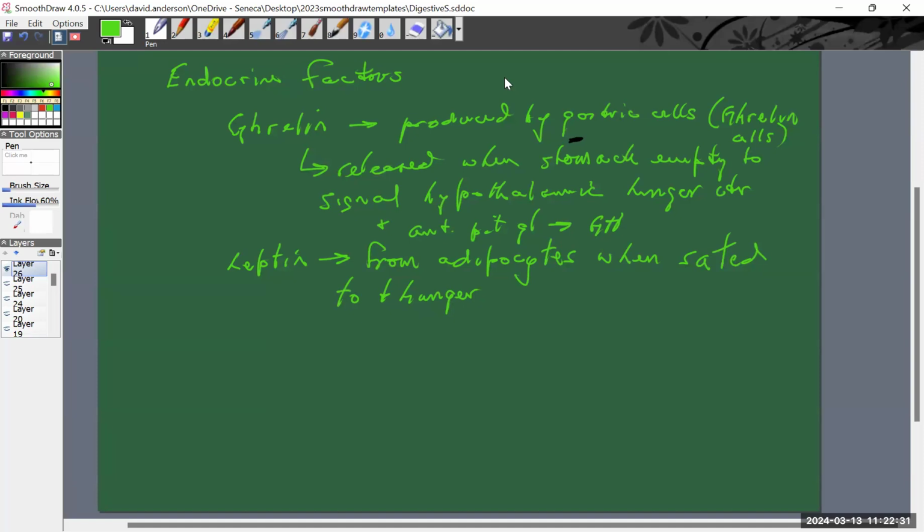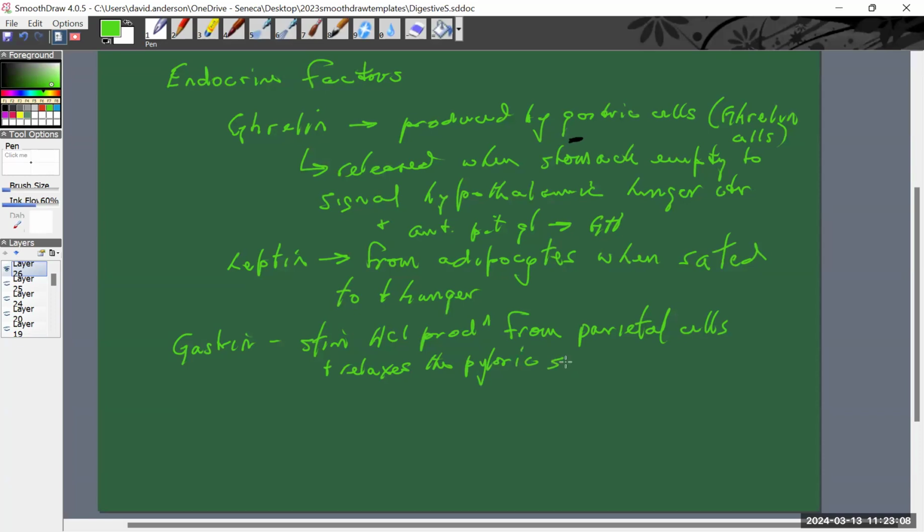Now, a couple other hormones. We mentioned gastrin. We already know that gastrin is released from G cells and stimulates HCl production from our parietal cells. Okay, it also relaxes the pyloric sphincter.